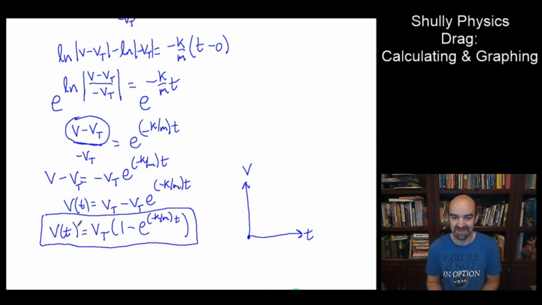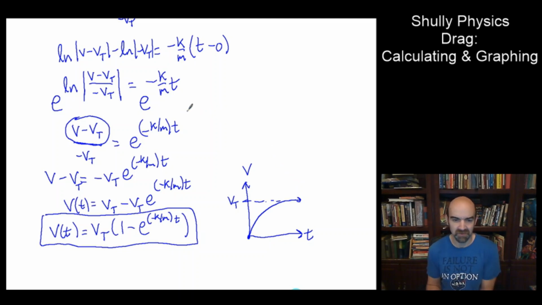So our velocity becomes, over a long period of time, the terminal velocity. It's going to approach a maximum terminal velocity. So eventually, as t is very great, v of t becomes the terminal velocity. There it is. It agrees with our guess on the front page. Okay, that's the function right there.